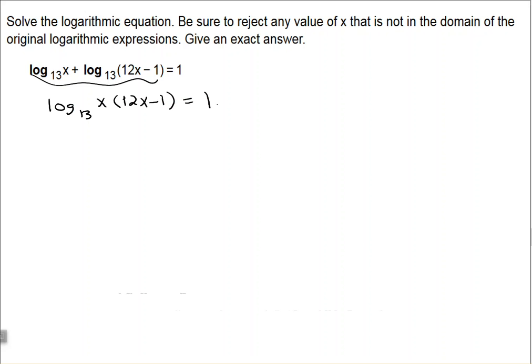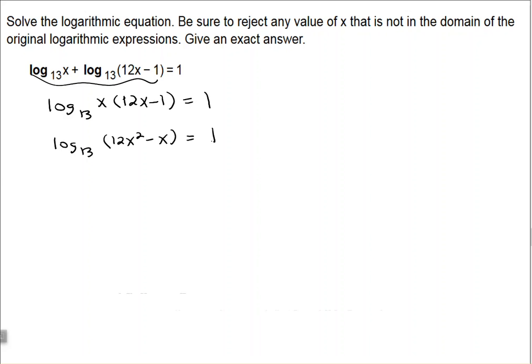So it gives me log base 13 of x times (12x minus 1) equals 1. I'll go ahead and distribute that x to 12x and negative 1. So now, since I have log base 13 of 12x squared minus x equals 1, I can rewrite this in exponential form.